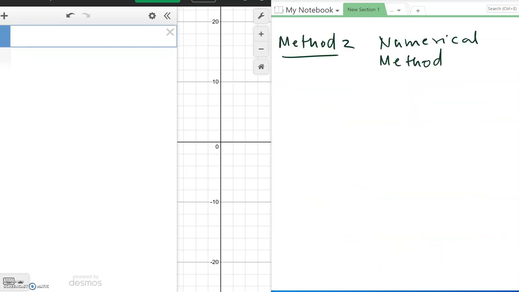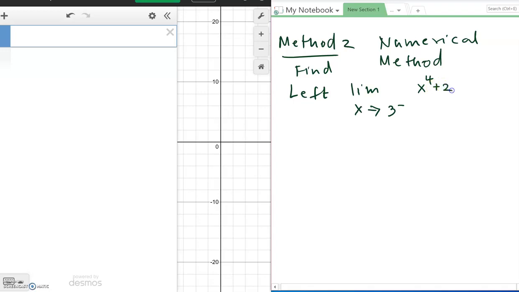Okay, so let's see one more example of the numerical method. Let's find the left limit. Limit as x goes to 3 minus. 3 minus is the left limit of, let's say, x to the power 4 plus 2.